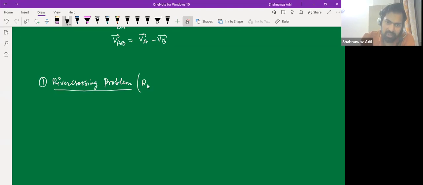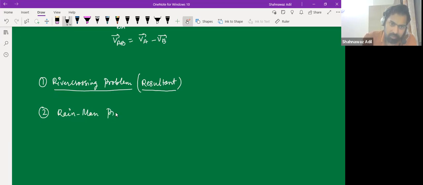We use the resultant idea, because in the river crossing problem there is this river which is flowing, and there is this man who is crossing that river. So in the river crossing problem, we use the resultant. And in the second case, the rain man problem, we use this idea of relative motion.